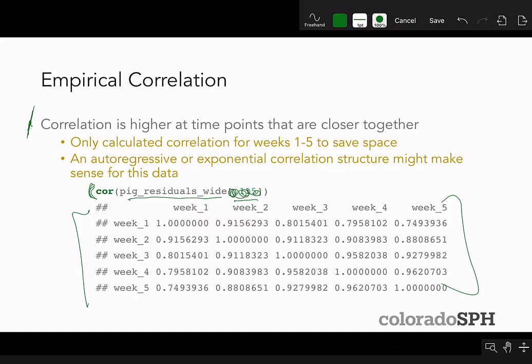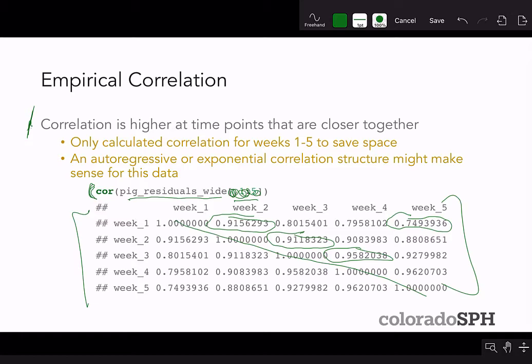And what you can see from the matrix that's pointed out, of course, it's ones on the diagonal, so we ignore that. We have a very high correlation between week 1 and 2, high correlation between week 2 and 3, high correlation between week 3 and 4. Basically, correlation is higher at time points that are closer together, which is the same thing that we saw in the plot of the residual pairs. But then as you get farther out, like week 5 against week 1, we have a correlation of 0.75, which is smaller than we see along the diagonal.